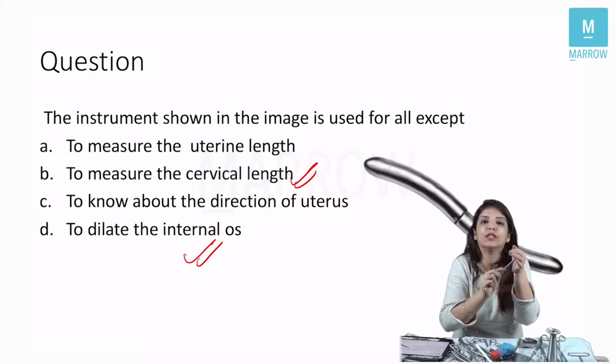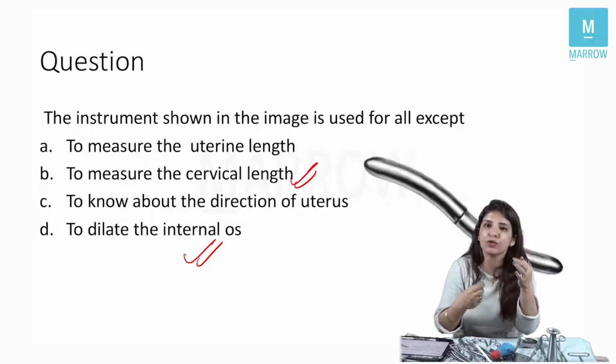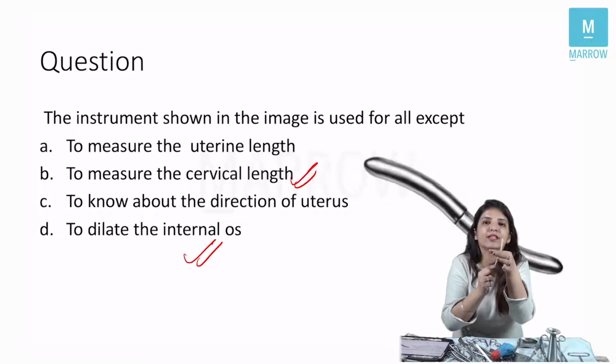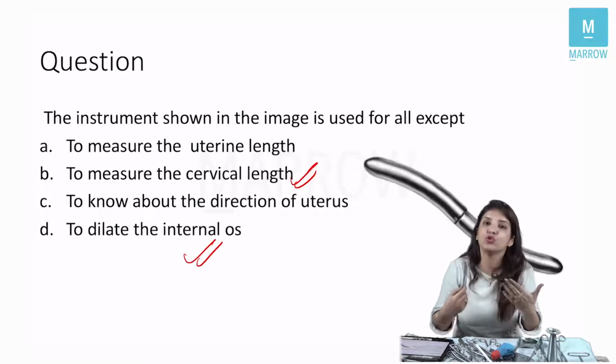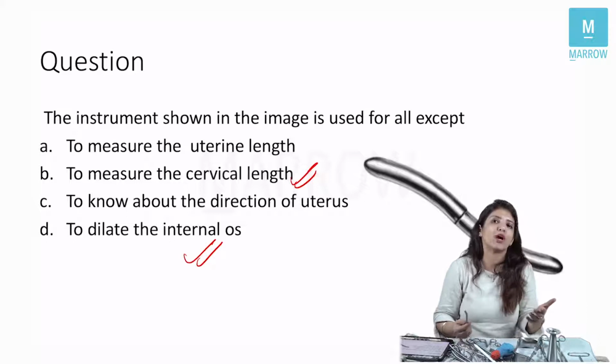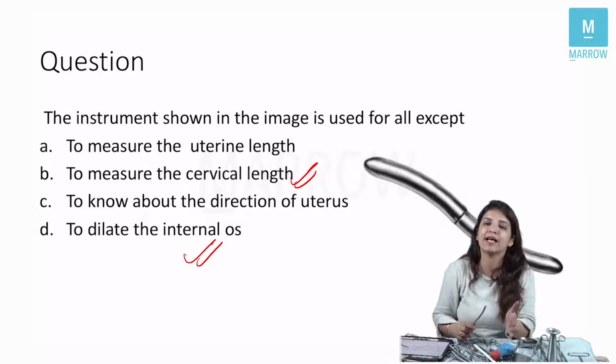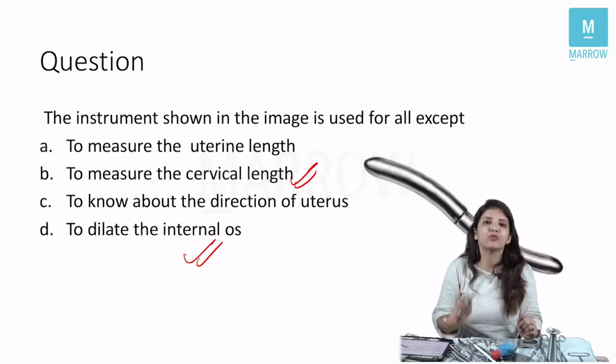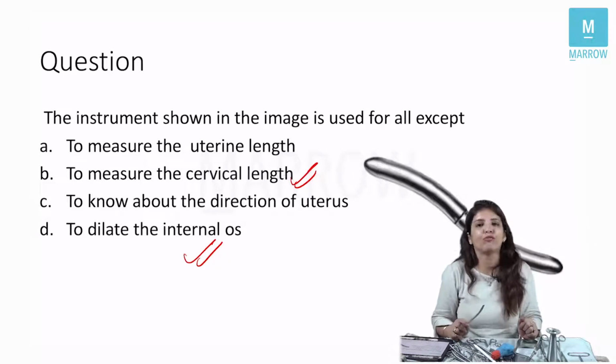But if the internal os is open, in that case, when you put a number 8 Hegar's dilator, the female is not going to resist and you are going to come to know that yes, this female has cervical incompetence, right? So that was one more use of Hegar's dilator, right?